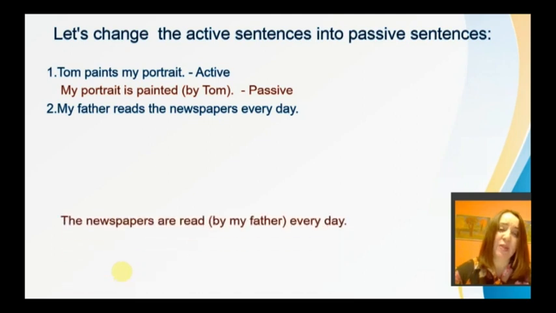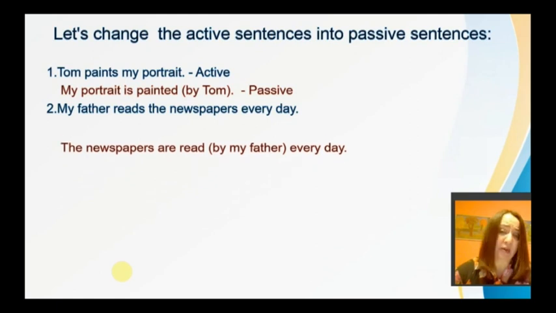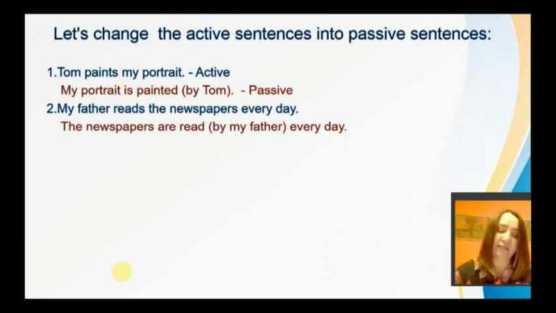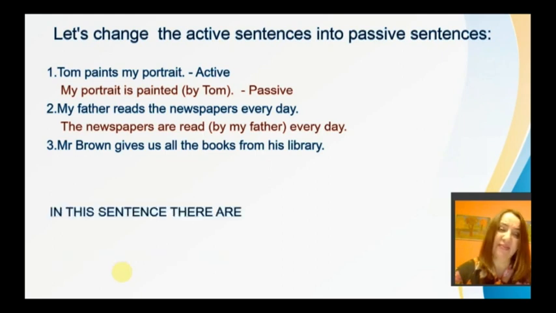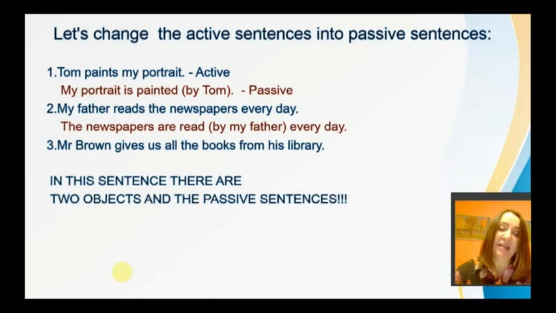The newspapers are read by my father every day. And the third sentence is, Mr. Brown gives us all the books from his library. Be careful. In this sentence, there are 2 objects and the passive sentences.